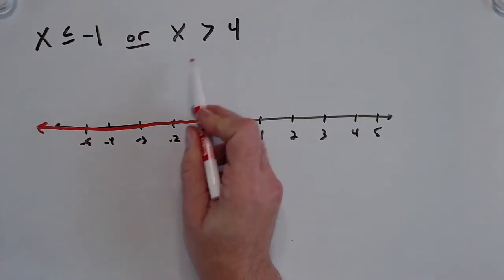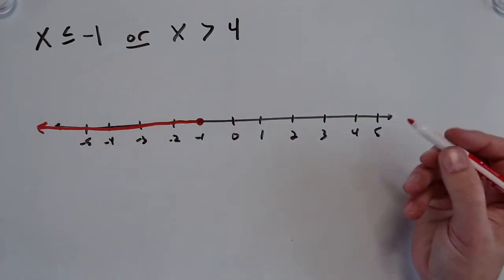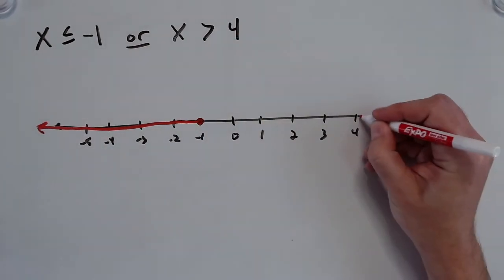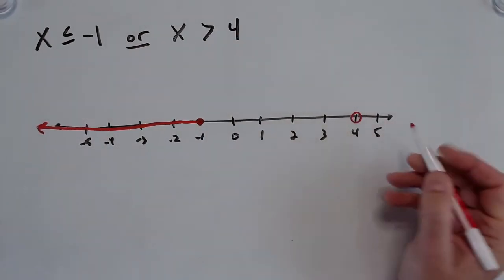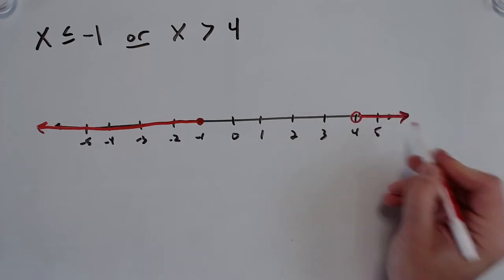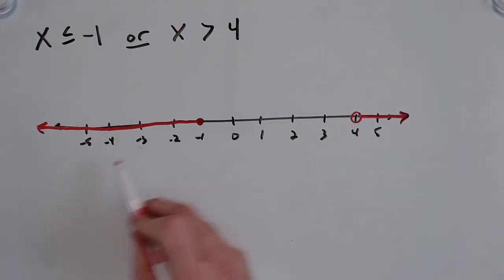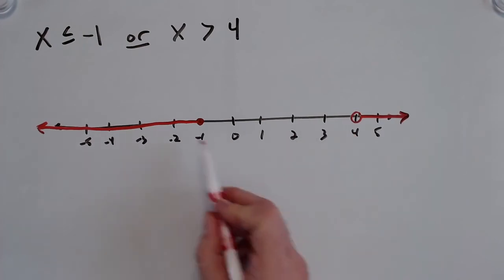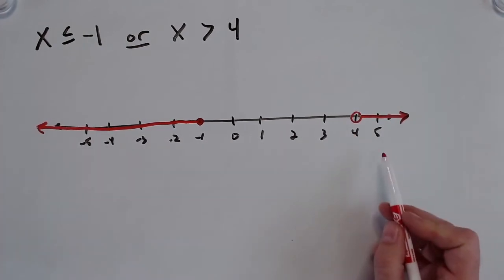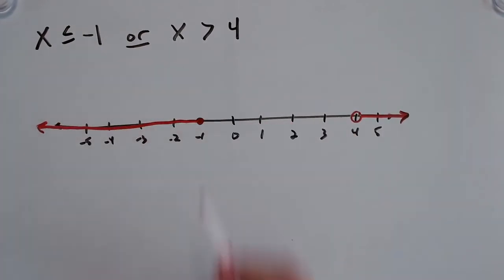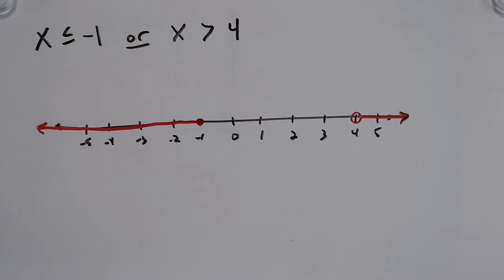And x is greater than 4. Because it's not equal to 4, we have to avoid 4. So we draw a circle around it, and we go greater than. It looks kind of weird that we have this empty space in the middle, but this graph is the disjunction of these two statements. And that's for the new material. If you'd like to see more examples, stick around.